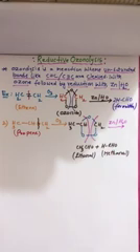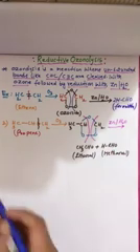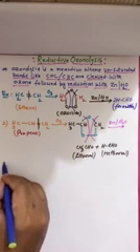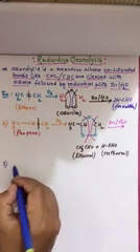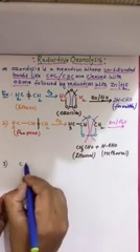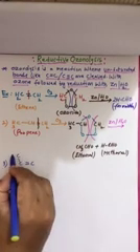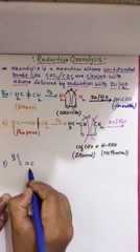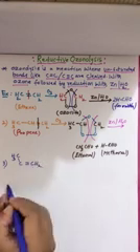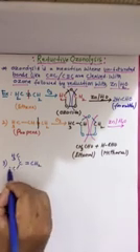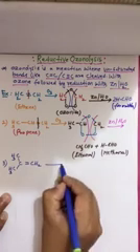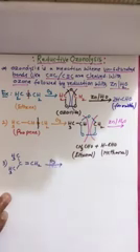Now a substituted alkene I am taking. Go for here. C double bond C, and here I am taking CH3, and this is CH2, and this is CH3. Substituted alkene.